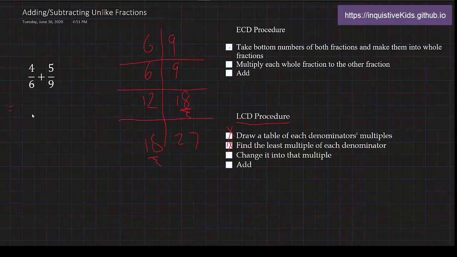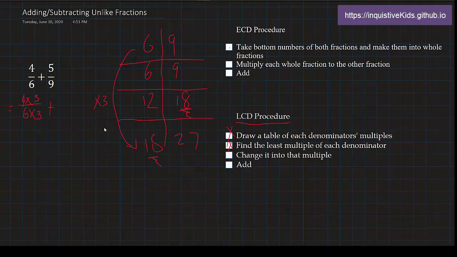Let's try that. If we want to make 4/6 have a denominator of 18, you should see that we multiplied 6 by 3 to get to 18. So all we have to do is multiply a 3 on the bottom and a 3 on the top.